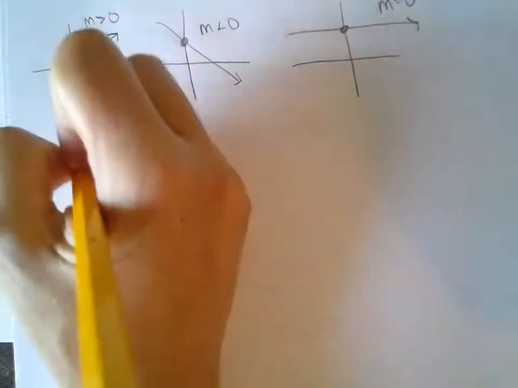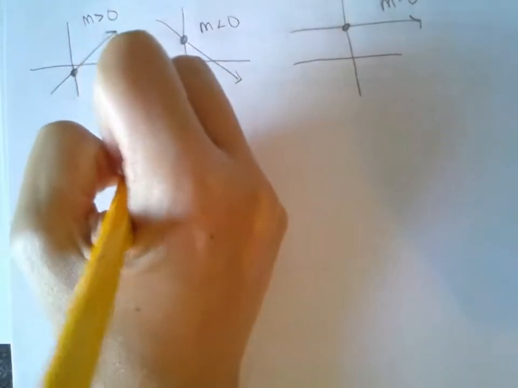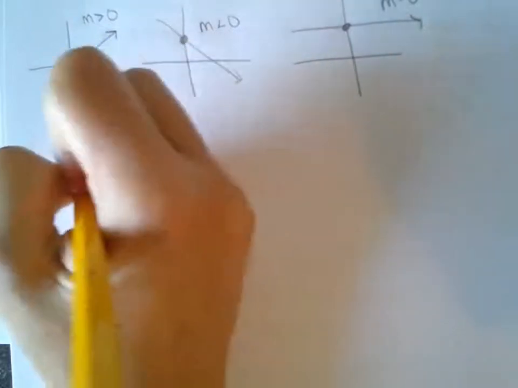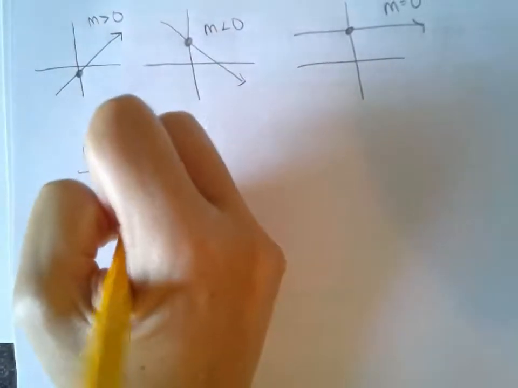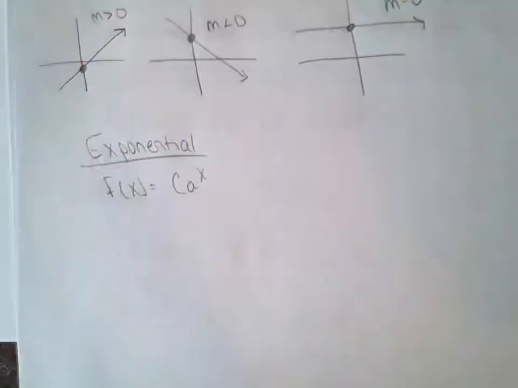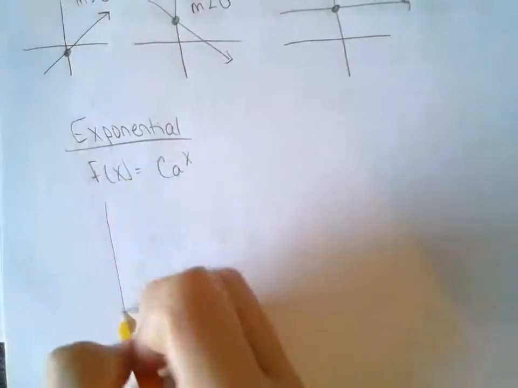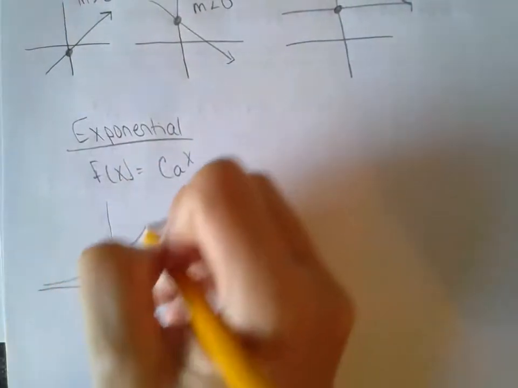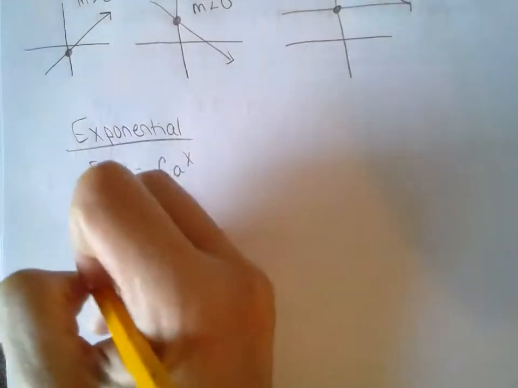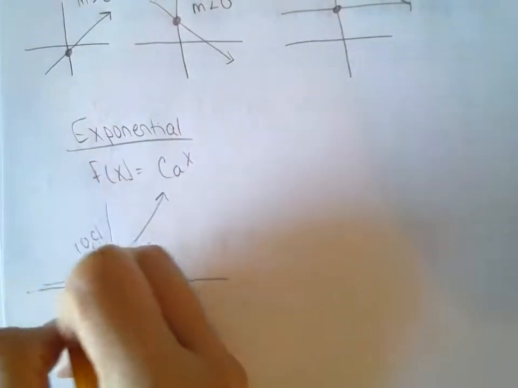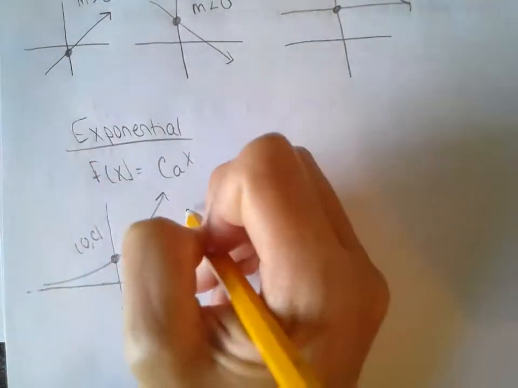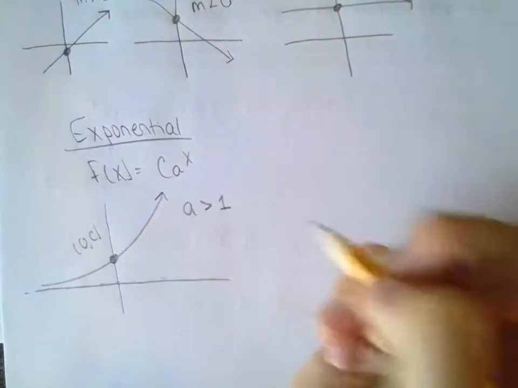Then we also have learned exponential functions. They look like f of x equals c a to the x. If it's growth, it looks like this. This point is (0, c), and you have an asymptote here. That is a greater than 1.